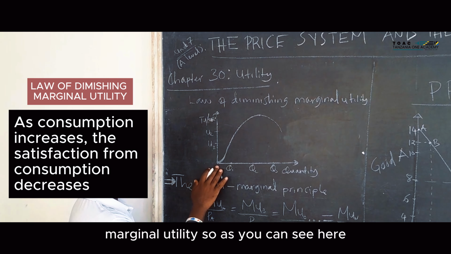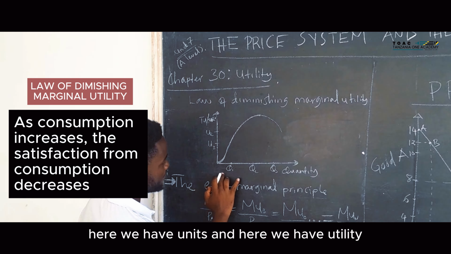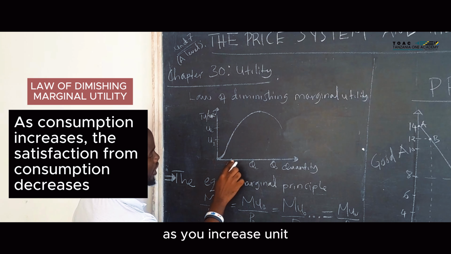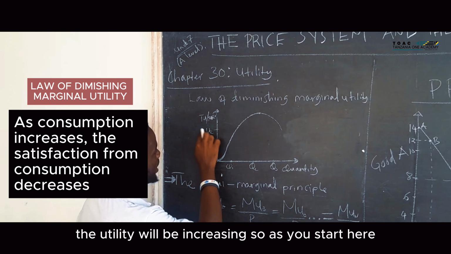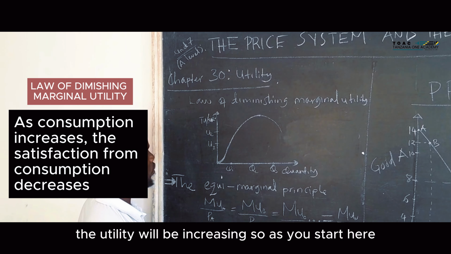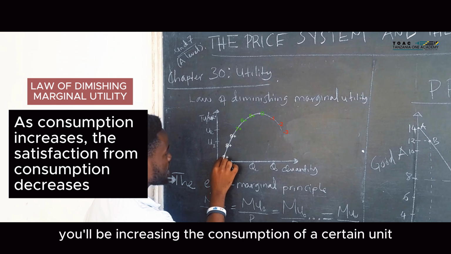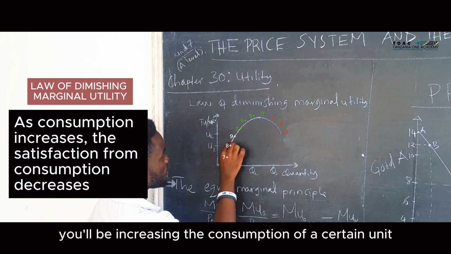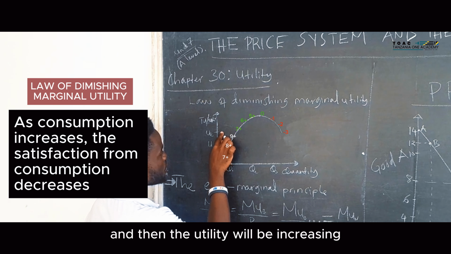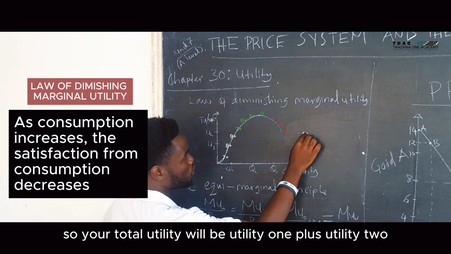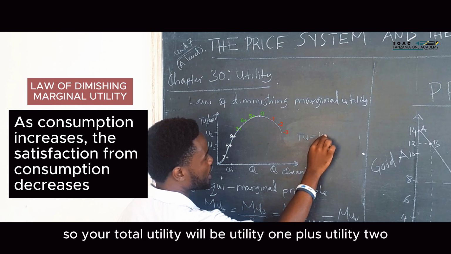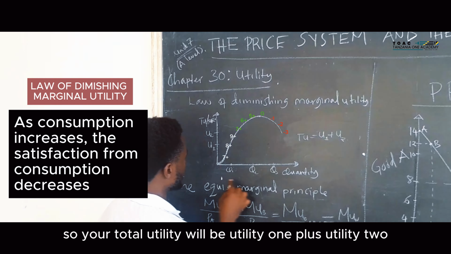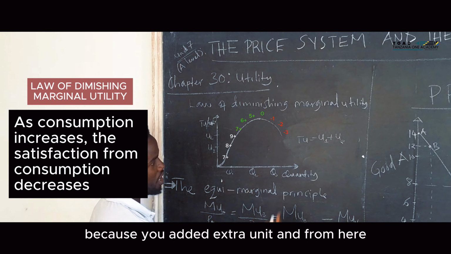As you can see here, we have units and here we have utility. As you increase units, the utility will be increasing. As you start here, you increase the consumption of a certain unit, and the utility increases. So your total utility will be utility 1 plus utility 2, because you added an extra unit.